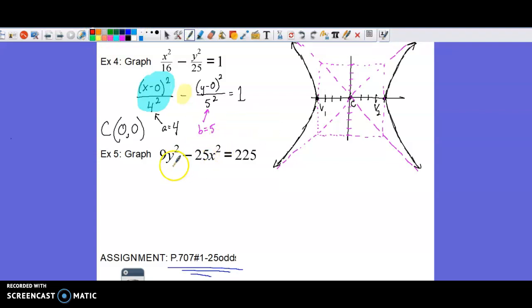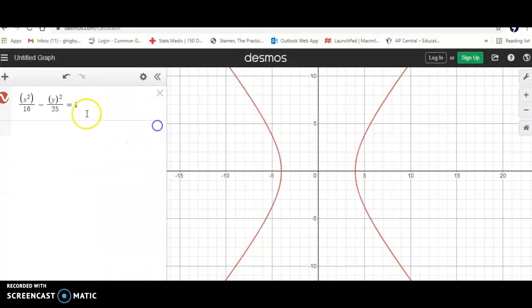Because if you notice this next hyperbola, it is a hyperbola because of the minus, but it's not equal to 1. Well, we did that in an earlier video by dividing everything by 225. And I did give you a clue as to ways that you can shorten this pretty quickly. Here, I'll just start over, that 9 over 225 is the same as 1 over 25.